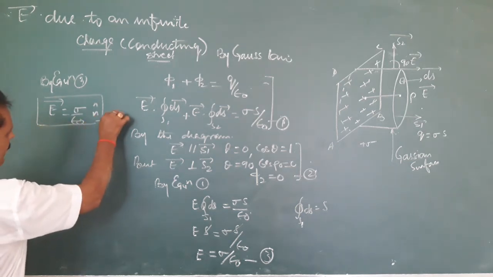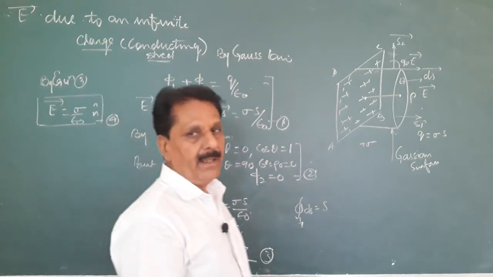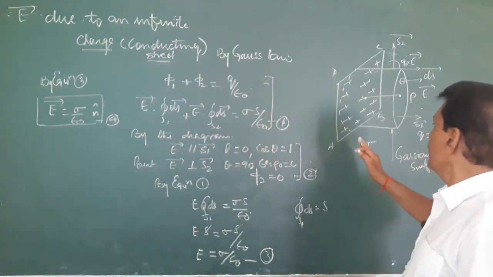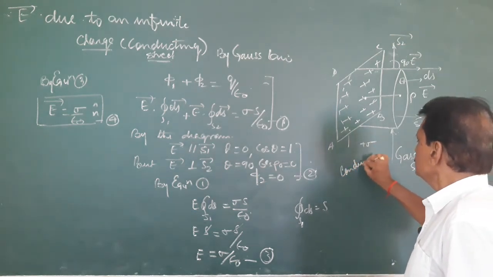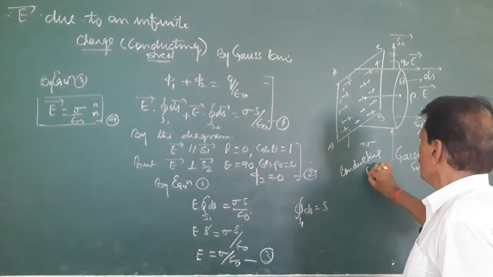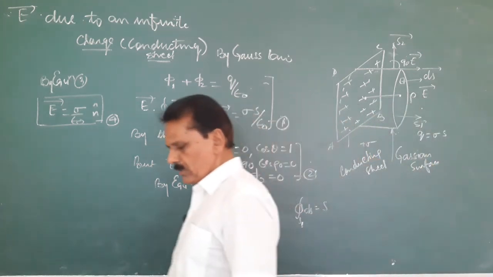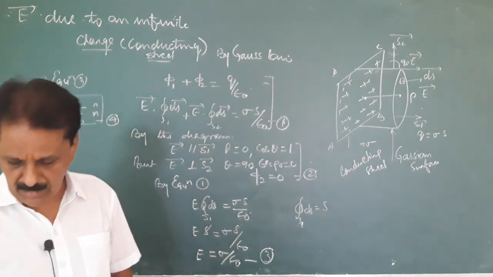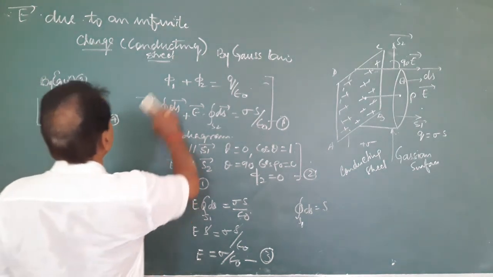Hence, making use of Gauss law, we have defined the electric field intensity due to an infinite charge conducting sheet. So this is the way of derivation by which we can derive a relation for the electric field making use of Gauss law.